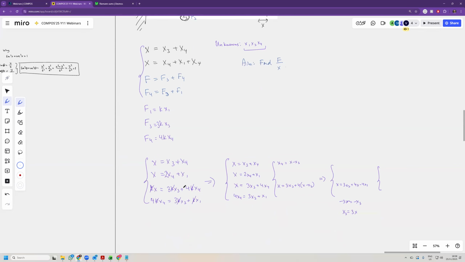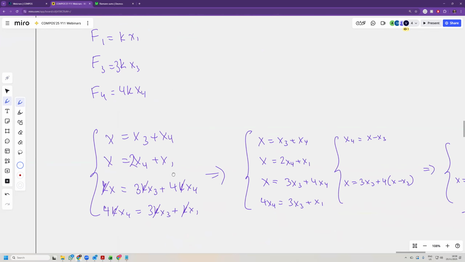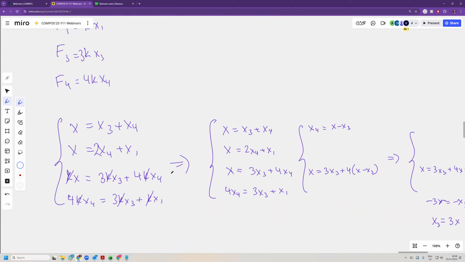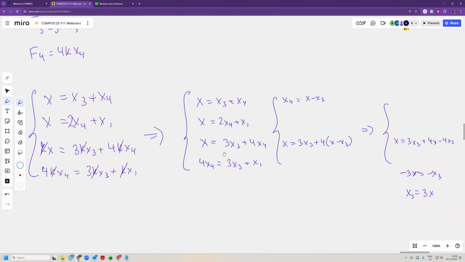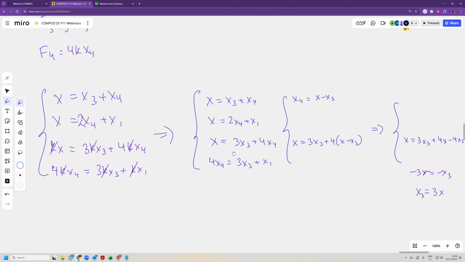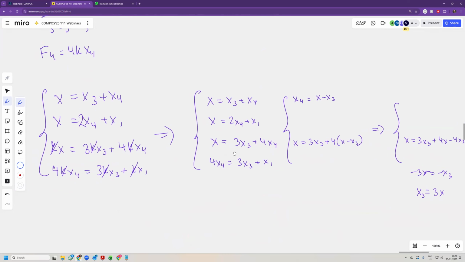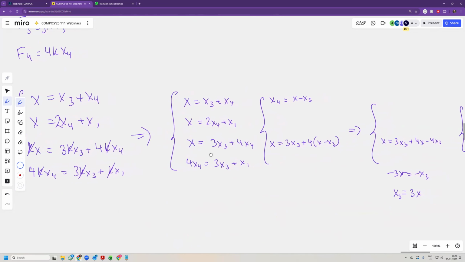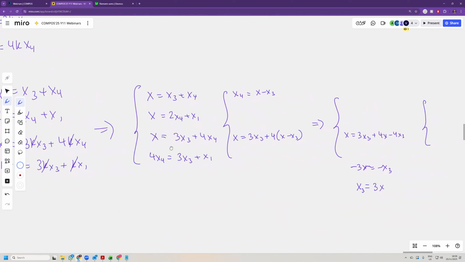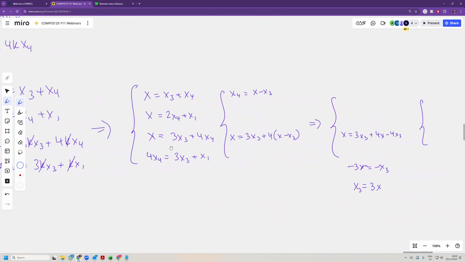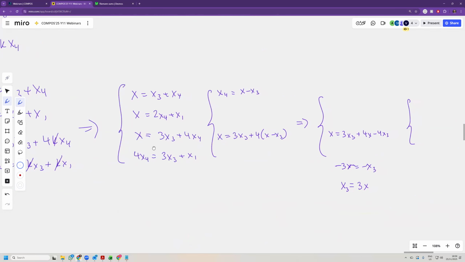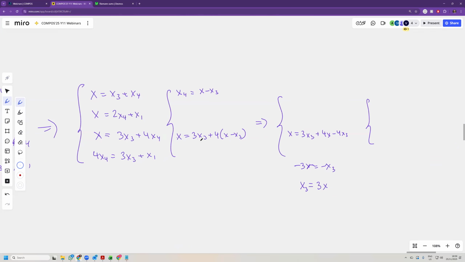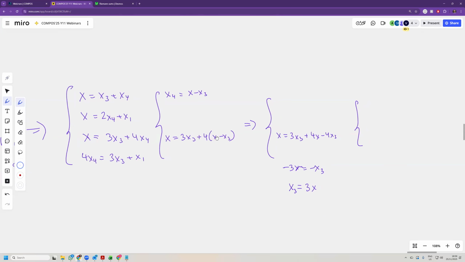Right. So x4 is x minus x3. Cool. And then x is 3x3 plus 4x4. X is 3x3 plus 4x.